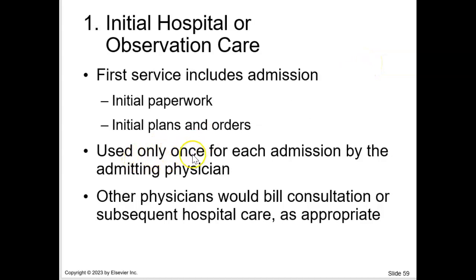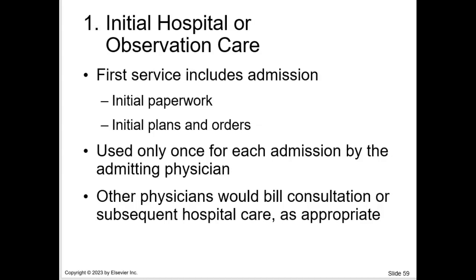They're used only once for each admission. Can't code these more than once. Other physicians who come in have to bill a consultation or that subsequent hospital care as I talked about, as appropriate. So 99221 through 99223 can only be billed once per admission or per hospital care.